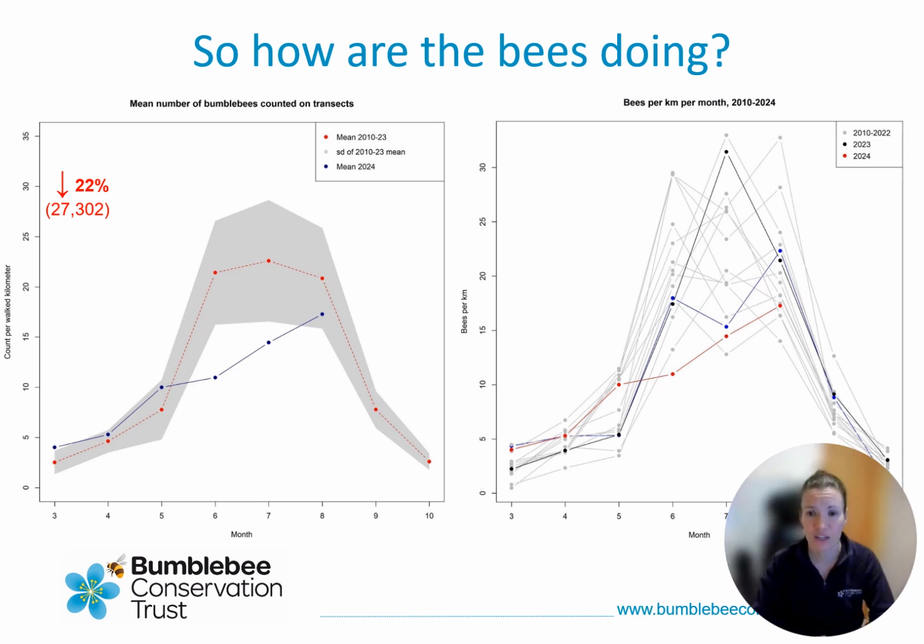I think the key thing this year was that the bad weather happened in June, which is a critical time for nests, right in that early establishment phase. Last year, which is the blue line, so that's 2023, we had a poor spring, but because the weather improved at the right time, that critical point for nests, things got better and nests did get going later in the summer.